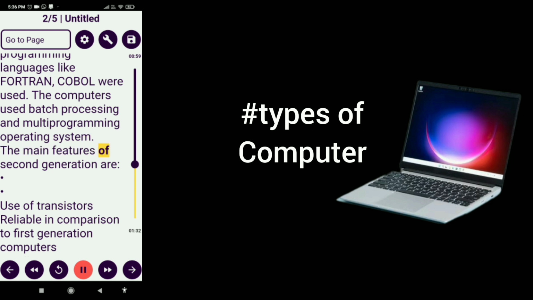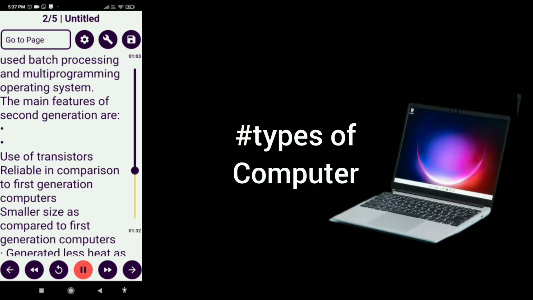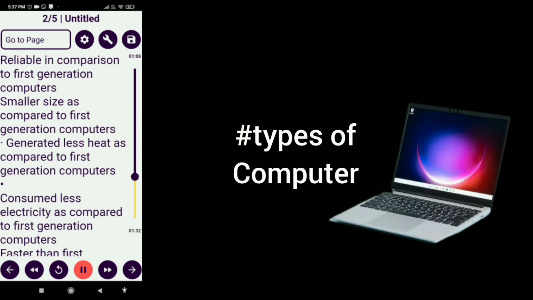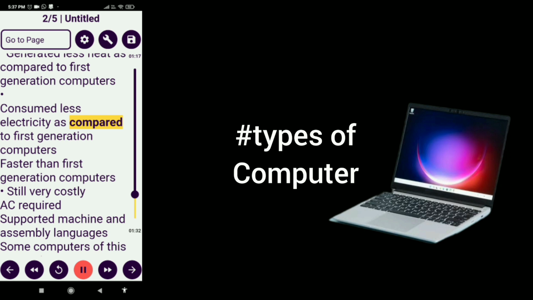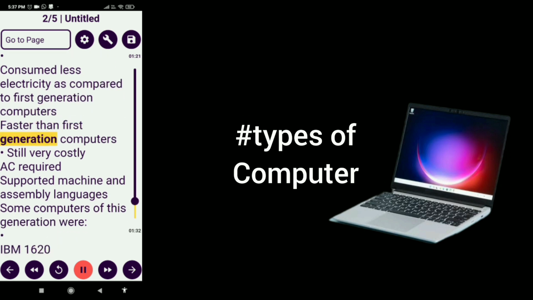The main features of second generation are: use of transistors, reliable in comparison to first generation computers, smaller size as compared to first generation computers, generated less heat as compared to first generation computers, consumed less electricity as compared to first generation computers, faster than first generation computers, still very costly, AC required, supported machine and assembly languages.